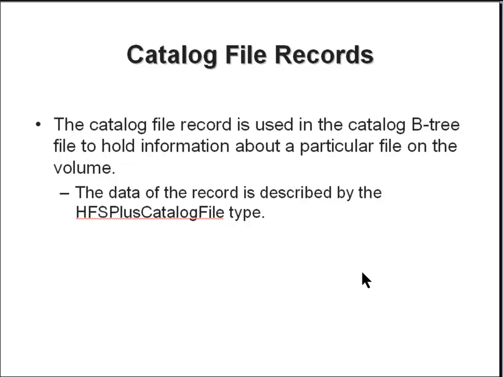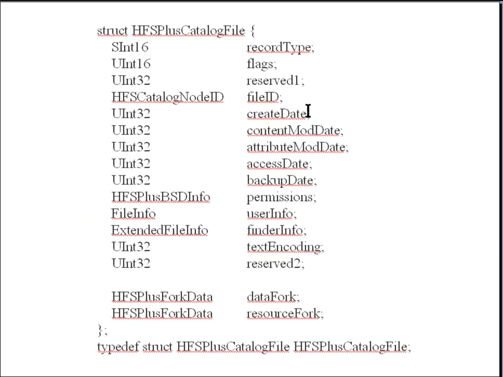And recall that the catalog file record for each file is used in the catalog B tree to hold information about a particular file on the volume, and that's described by the HFS Plus catalog file type. So each file or directory will be represented by one of these records.